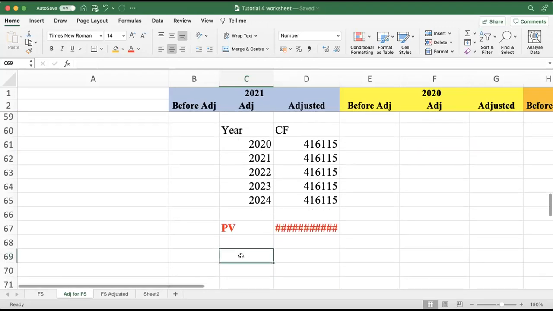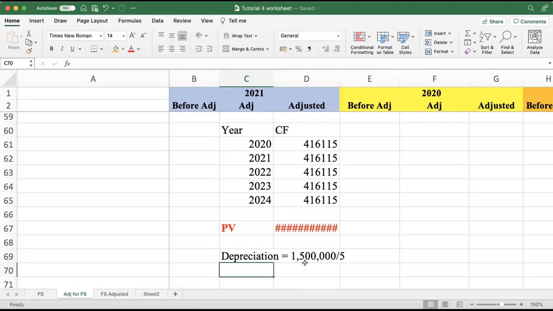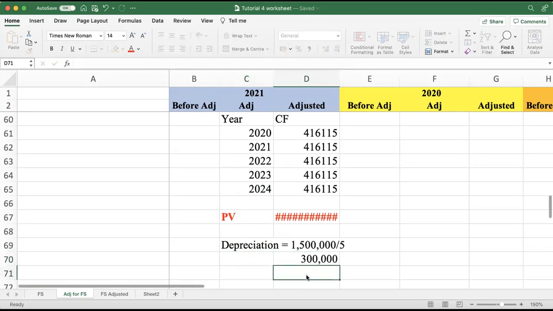Then how much depreciation? Depreciation equal 1.5 million divided by 5. Depreciation is 300,000.